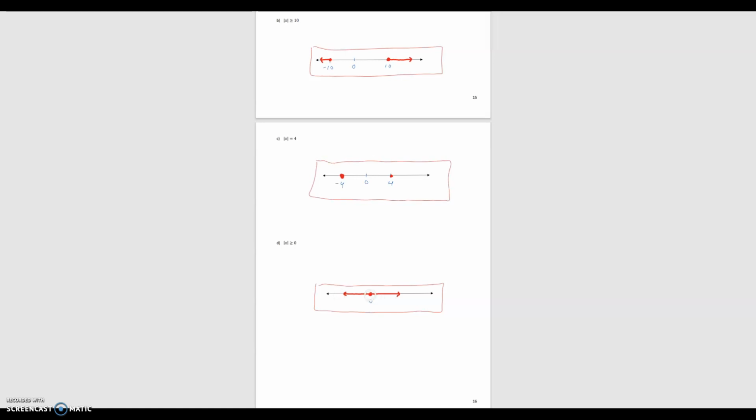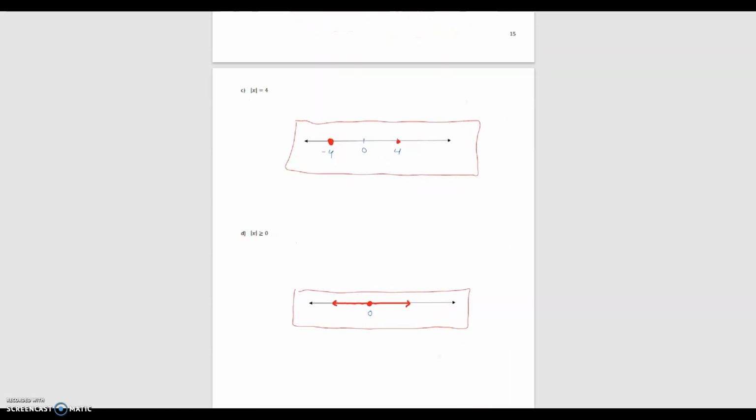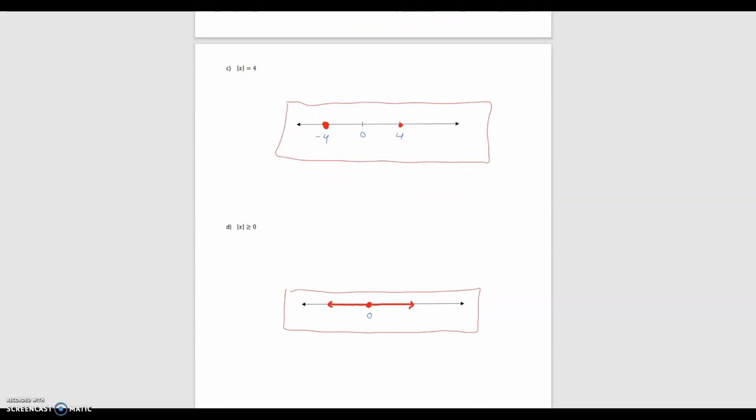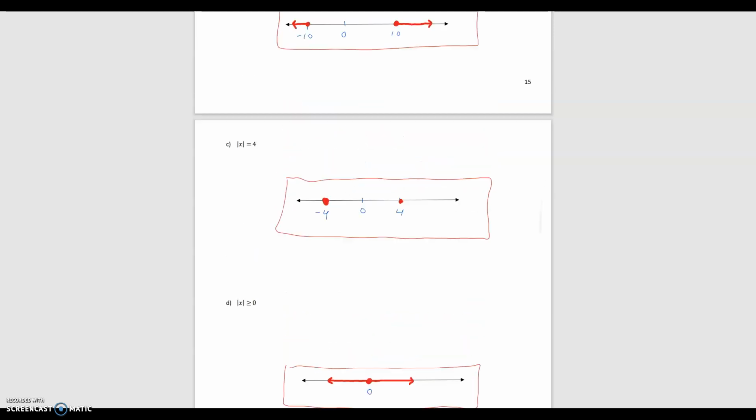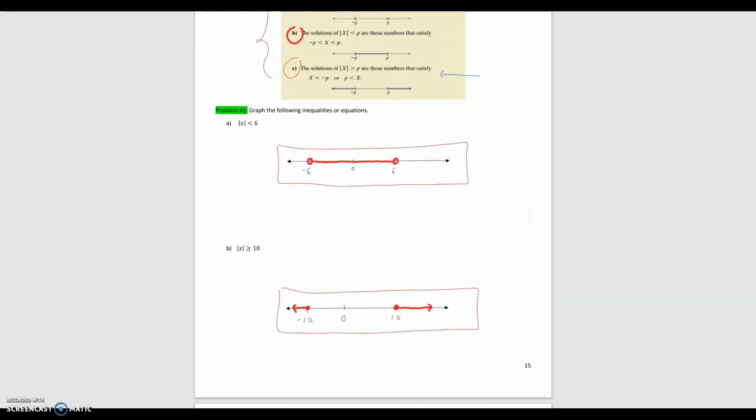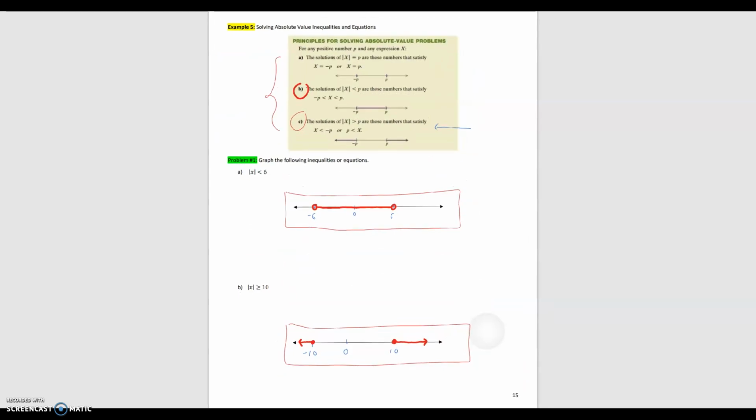And in that case, from 0, we put a line with an arrow to the right and to the left. That's actually it for the last two. Absolute value equations only contain the dots. With greater than or equal, they are shading towards both positive and negative infinity, but this one includes the 0. The other two, A and B, do follow the formulas given.